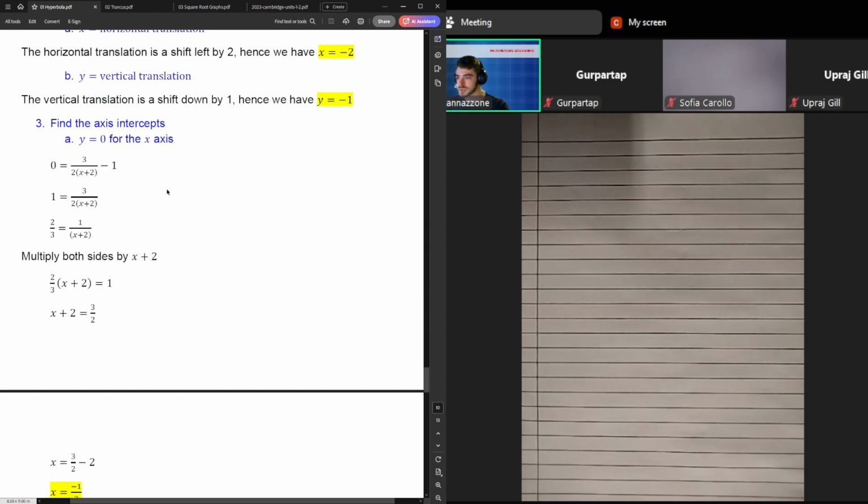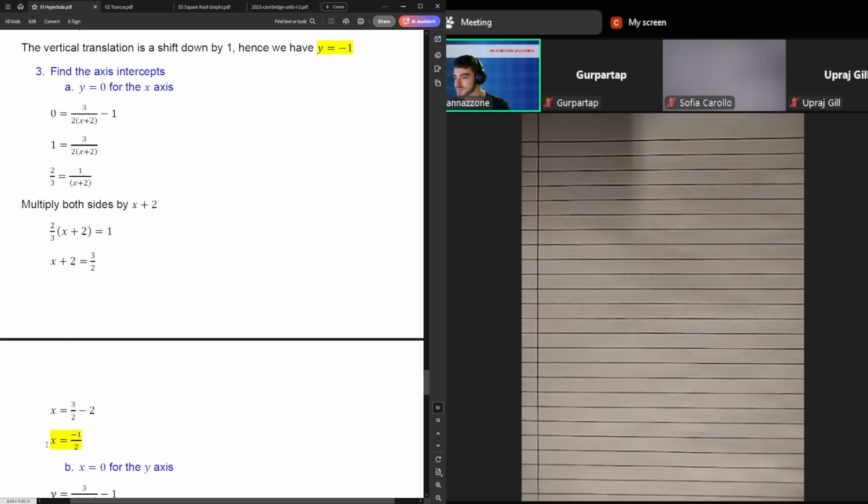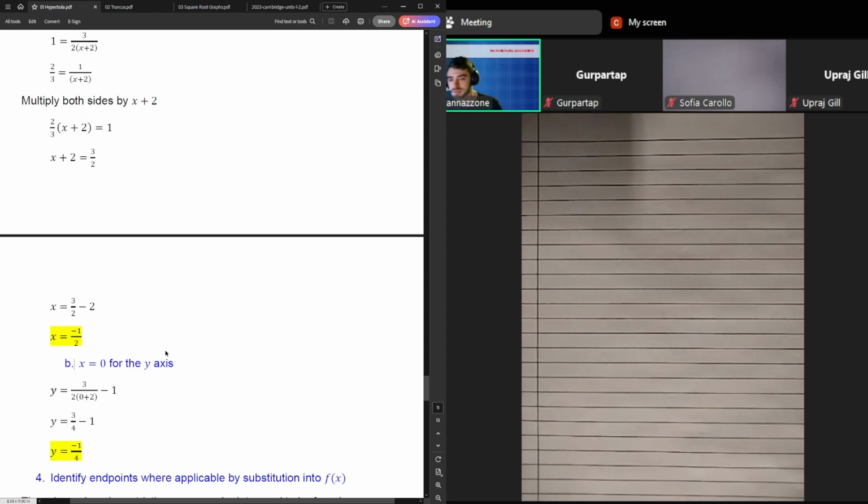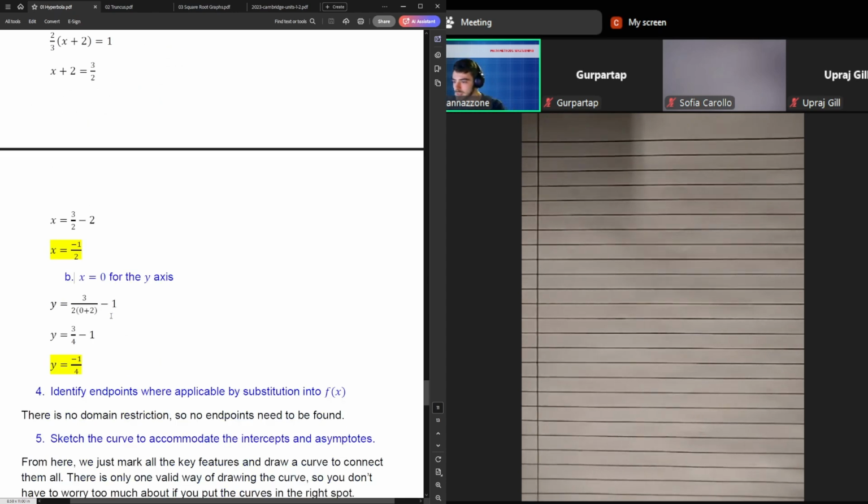So you'd add 1 to both sides, multiply, well in this case I multiplied by 2 first for some reason, and then the x plus 2. And this is just linear, right? Simplify, simplify, simplify, x equals -1/2 there. You'll find that y-intercepts are usually a bit easier because when you sub in x equals 0, everything simplifies down pretty nicely. So far, we have our x and y intercepts and our x and y asymptotes.